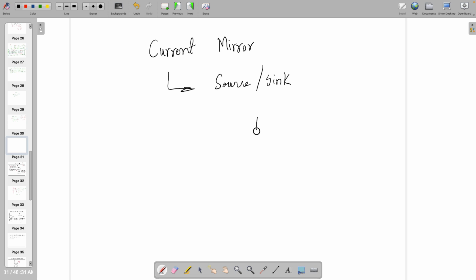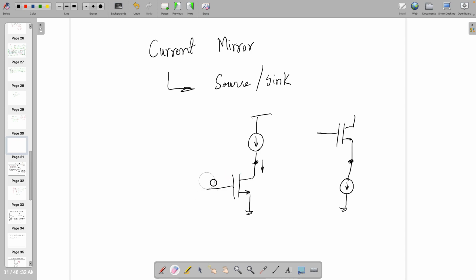So if it is coming like this from top and you want to use it somewhere on this transistor, let's say, then this is actually acting as a current source, right? Other place, if it is like this, when sinking, so it's current sink, right? So depending on the position where you want, you can design it. You can name it as current source and current sink.